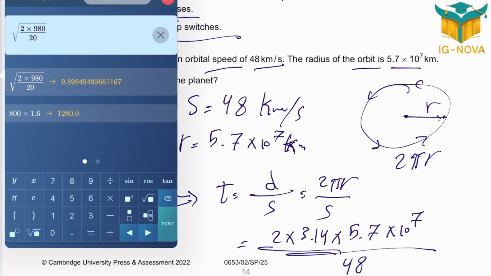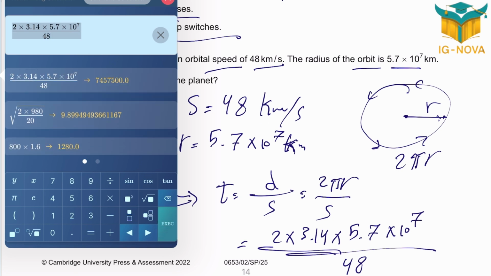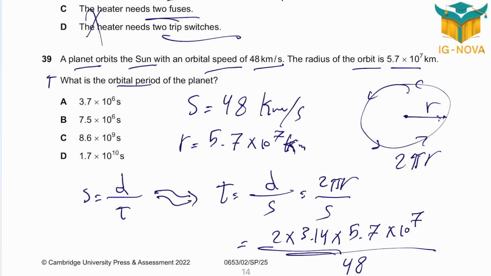By calculator, it equals 7457500, which by rounding is 7.5 times 10 power 6, option B. Last question.